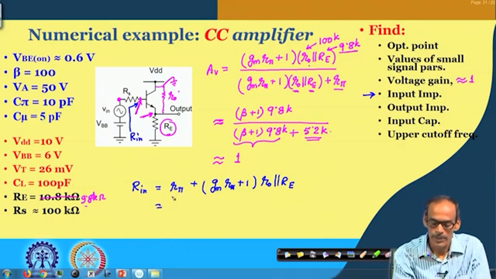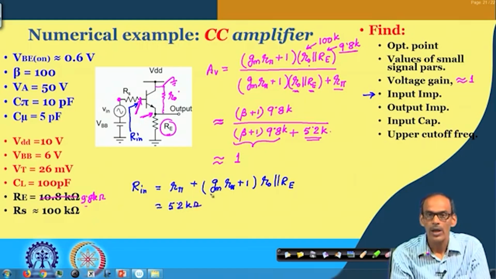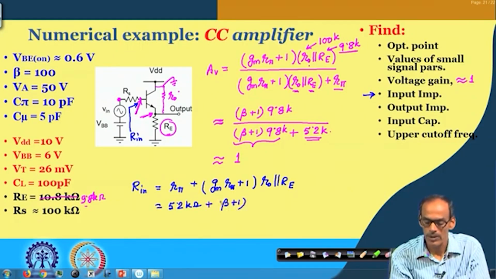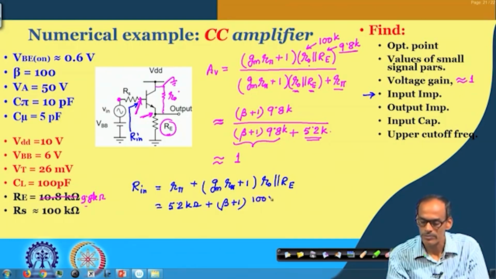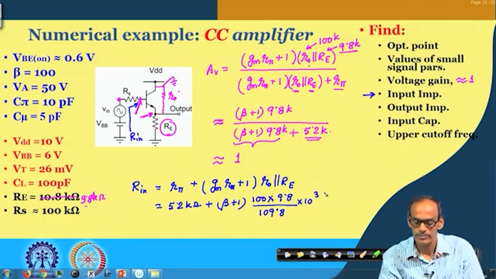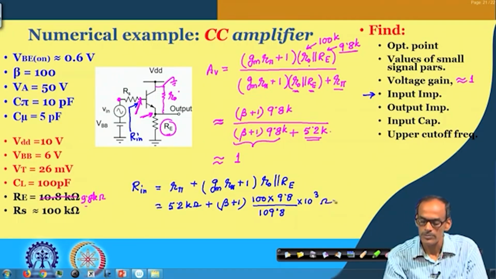So, we do have R pi equals 5.2 kilo ohms, and then we do have beta plus 1, and then this resistance, 100 multiplied by 9.8 divided by 109.8, into 10 to the power 3, kilo, right.